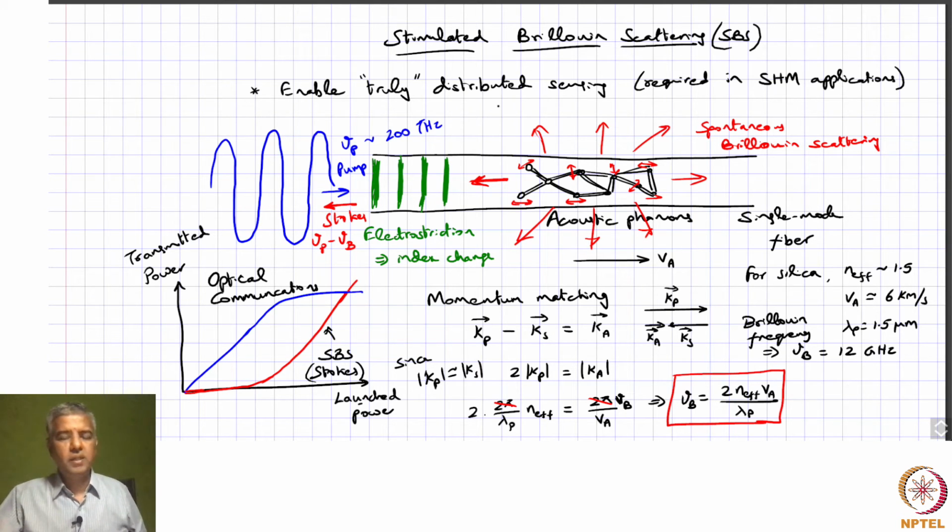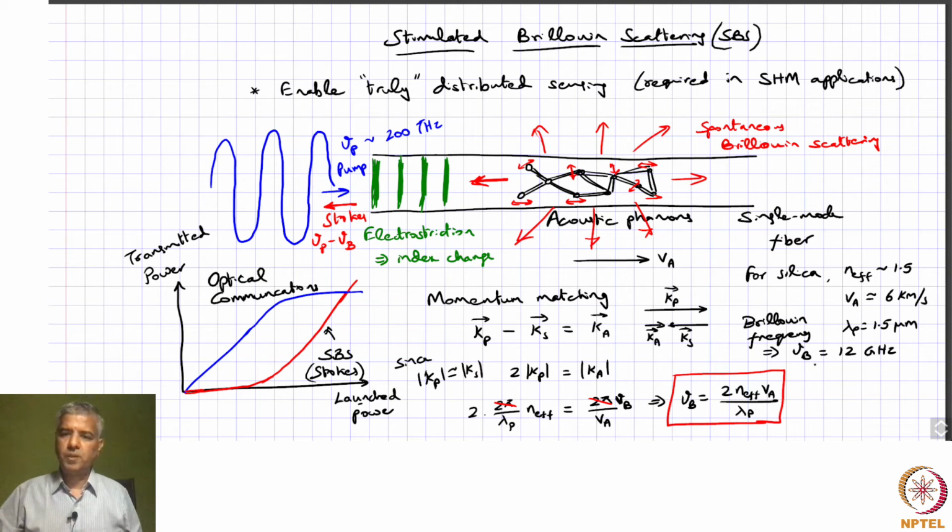So it is a very small change with respect to the incident frequency, okay. That is one aspect, but the other aspect is that this nu b is changing. It is not the same across the fiber; it changes in response to any change in strain or temperature.